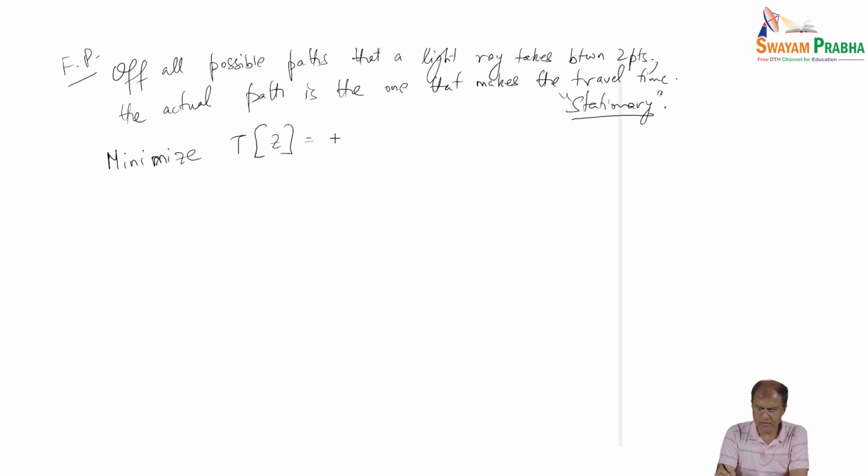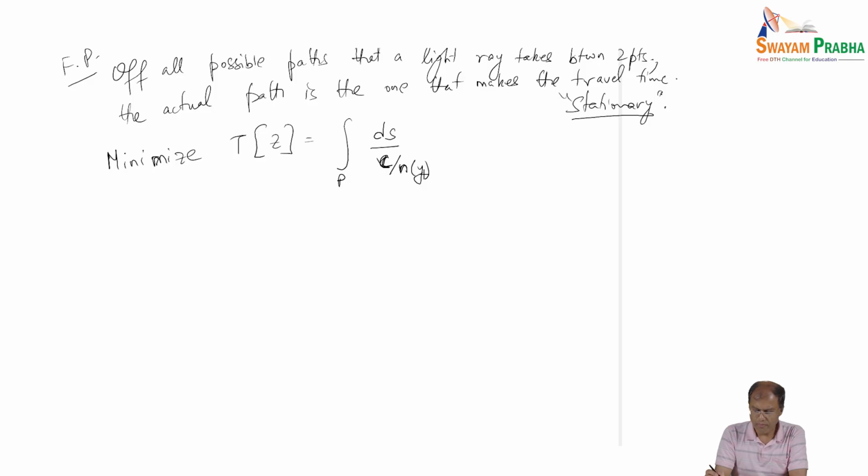So the idea is we have the integral: at any given point, the time functional will be ds over the velocity of the light inside a given medium. The velocity of the light inside a given medium will be the speed of light in vacuum, which is a universal constant c, divided by the refractive index of the medium, which is also a function of y.